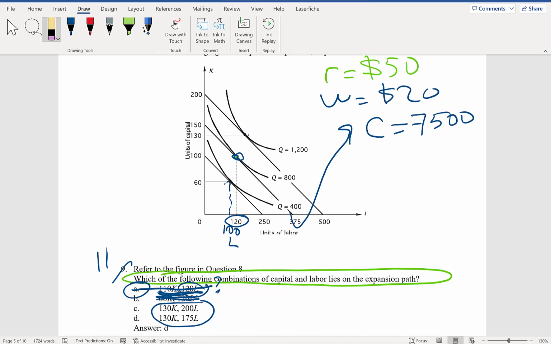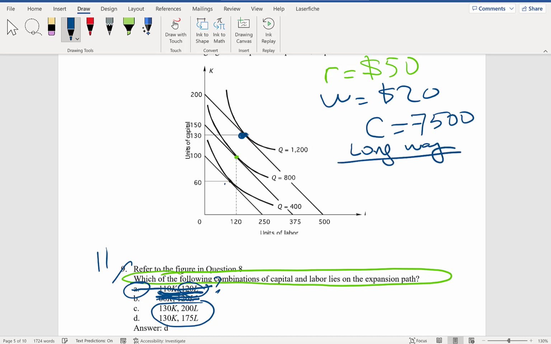Okay, let's clean everything. So here 130 capital. All right, we could do this the long way. I'm going to show you, and I'm going to show you one shortcut. So this is first the long way. First we have to figure out what C is.